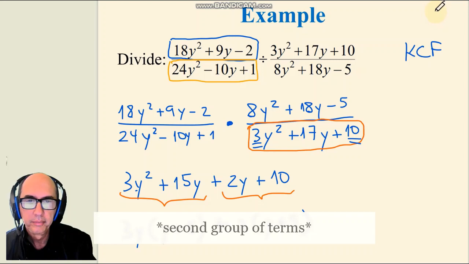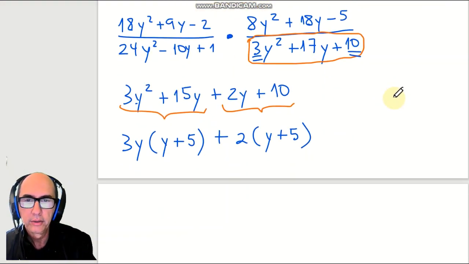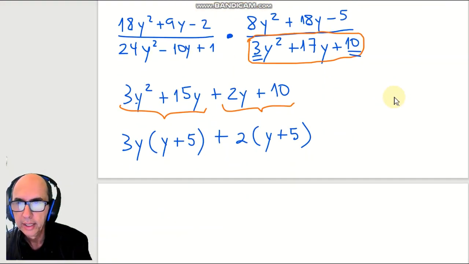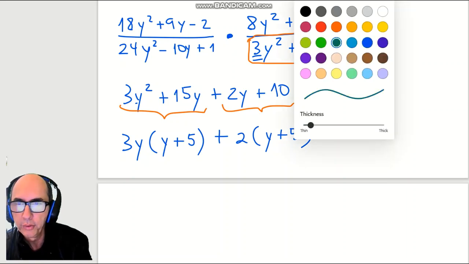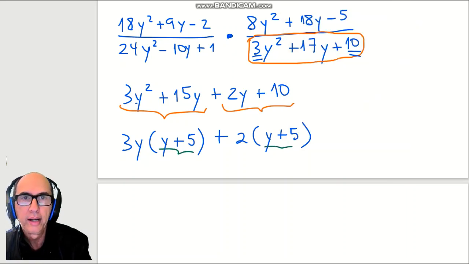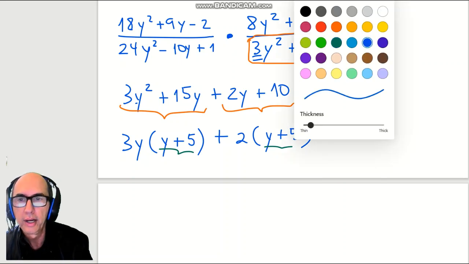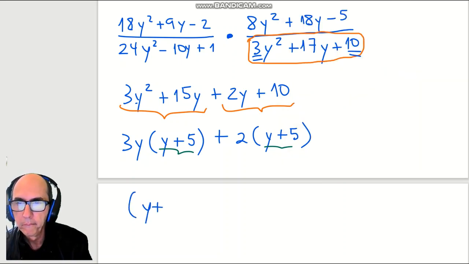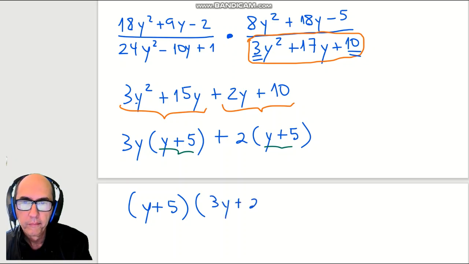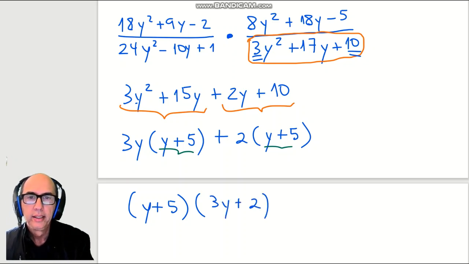And finally, we can factor (y plus 5) on both, right? We have y plus 5 here, y plus 5, so factor out y plus 5. Great.